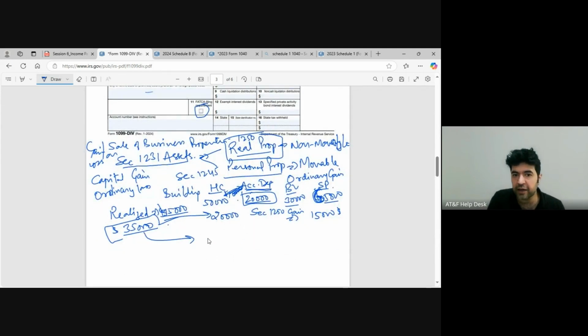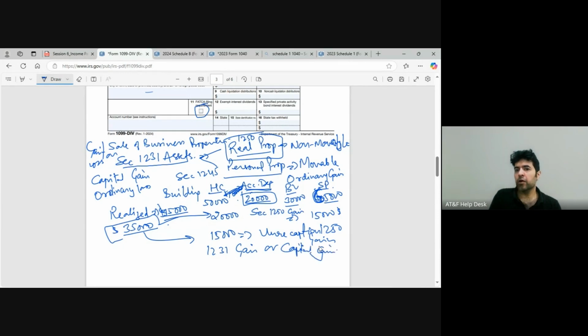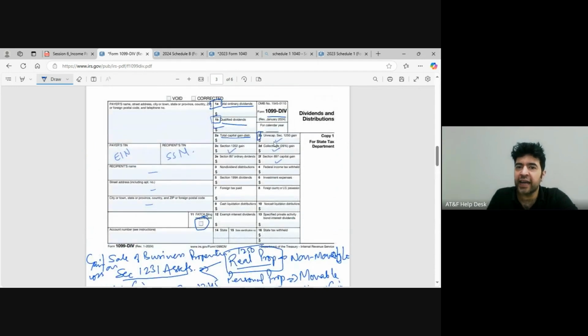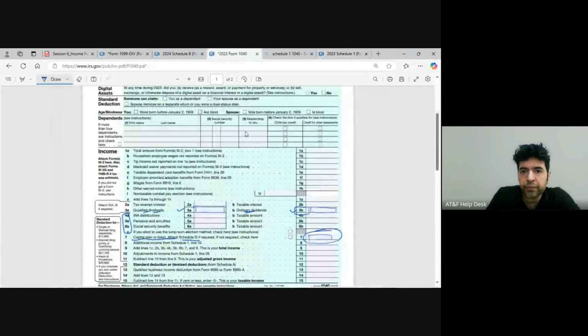Remaining $15,000 will be considered as unrecaptured 1250 gain, or we call it as section 1231 gain, or we call it as capital gain. Okay. So that's why this amount is added in total capital distribution and reported in here capital gain.